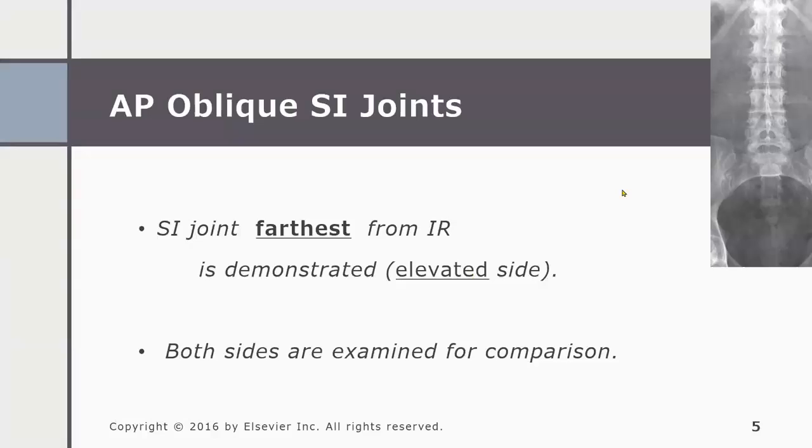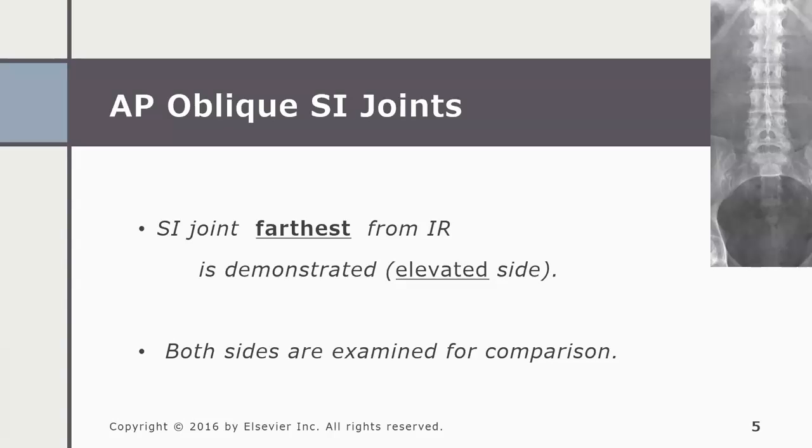For the oblique, we are looking at the SI joint furthest away from the IR, the side up, if you want to go that direction. Note that the SI joints lie at this angle. So we have our sacrum in the middle, we have the ilia coming around, and the SI joints are at an angle.